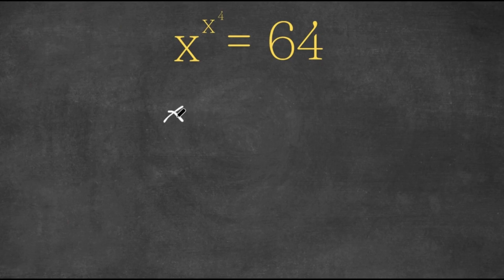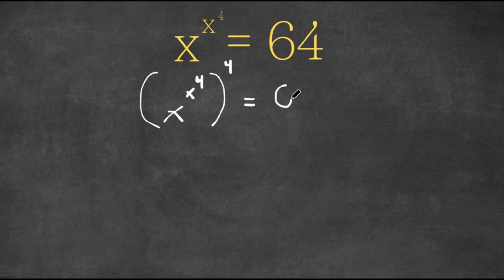So now we have x to the power of x to the power of 4, to the power of 4, is equal to 64 to the power of 4.